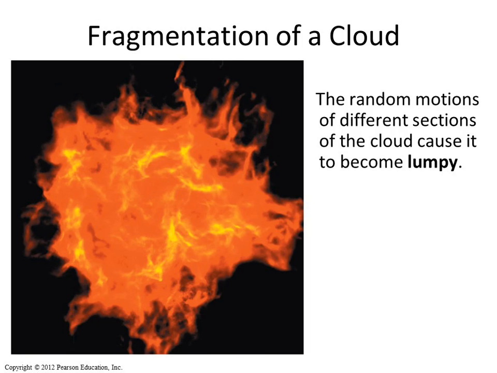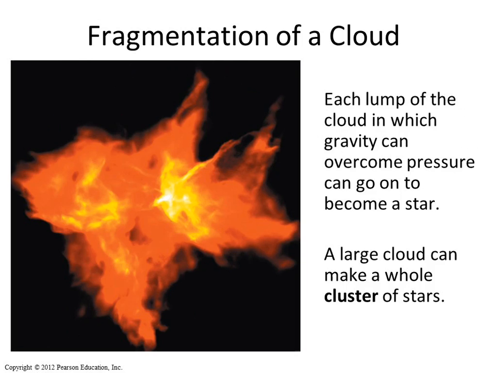Oftentimes something disturbs the cloud that's going to birth stars, so these lumps can begin the contraction process that can ultimately create the conditions needed for a star to form. So the more lumps you have, the more stars will be born.